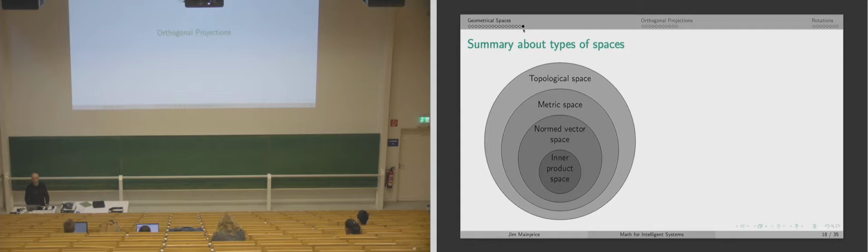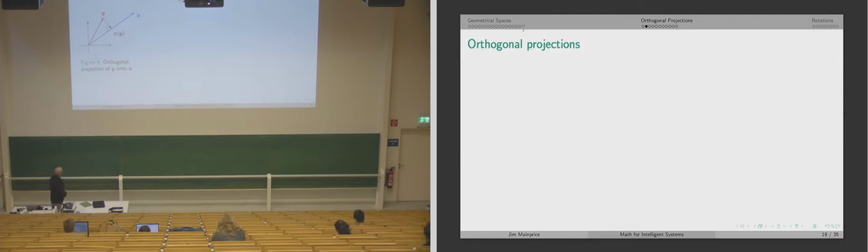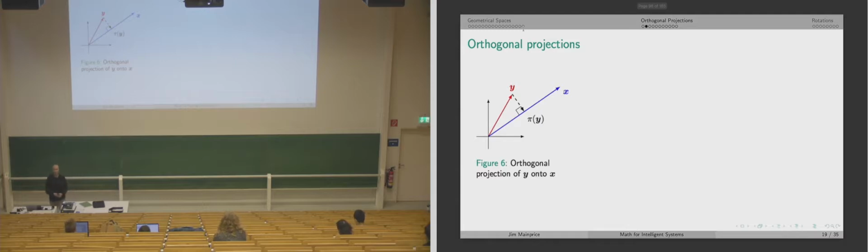Okay, so today we're going to talk about orthogonal projections. What are those? The basic intuitive idea of orthogonal projections is something that you've seen in school.